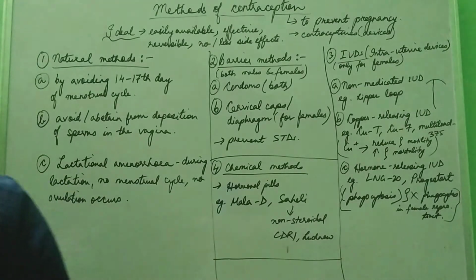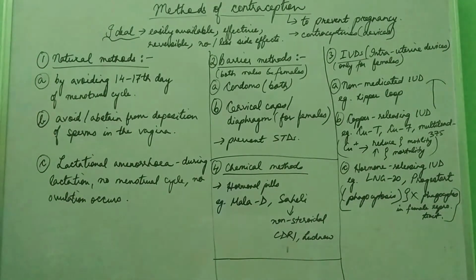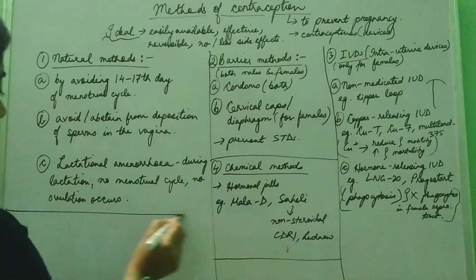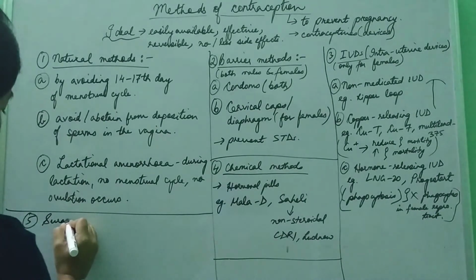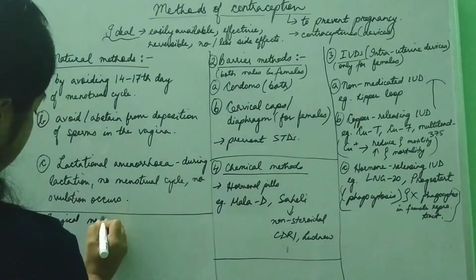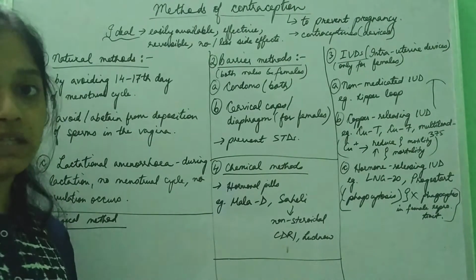So after this, next we'll see the last method, which is the surgical method. Number 5 is the surgical method. And surgical method is available for both males and females.